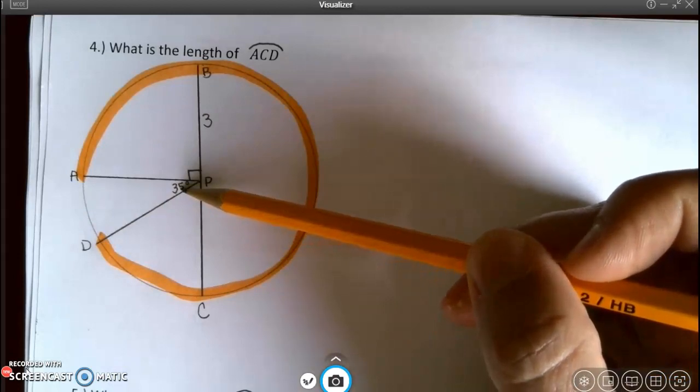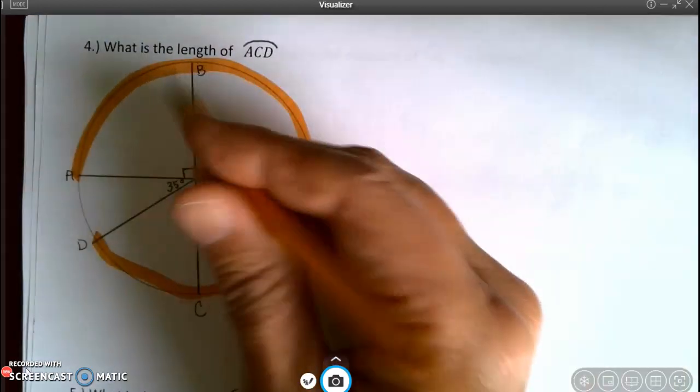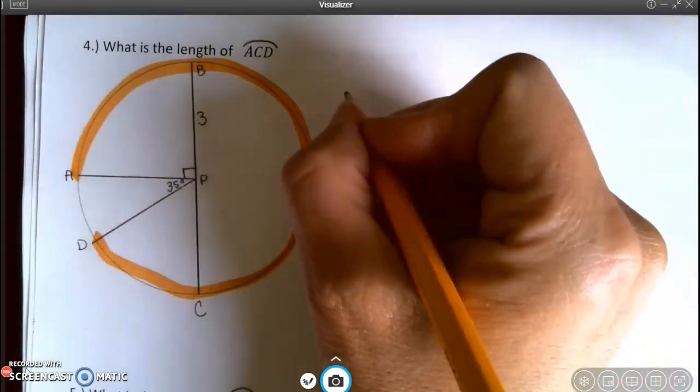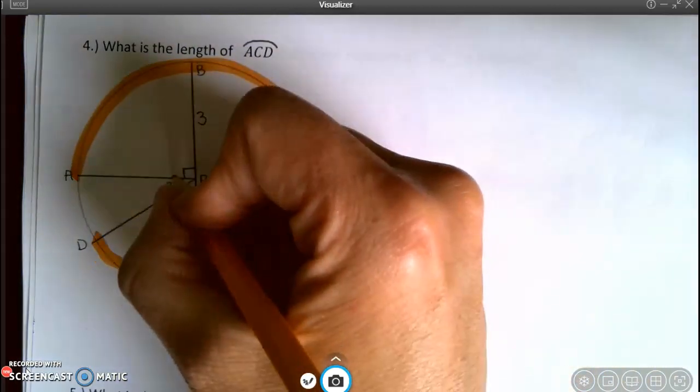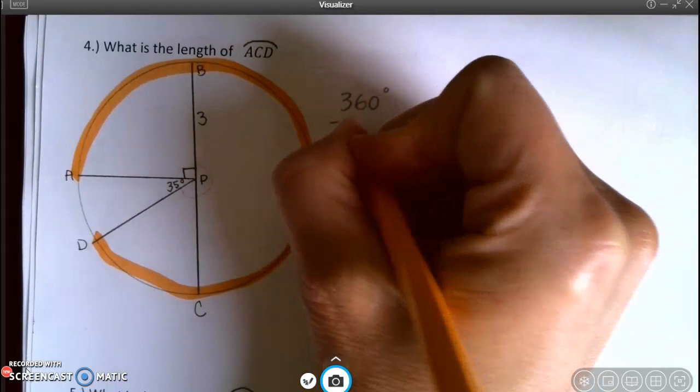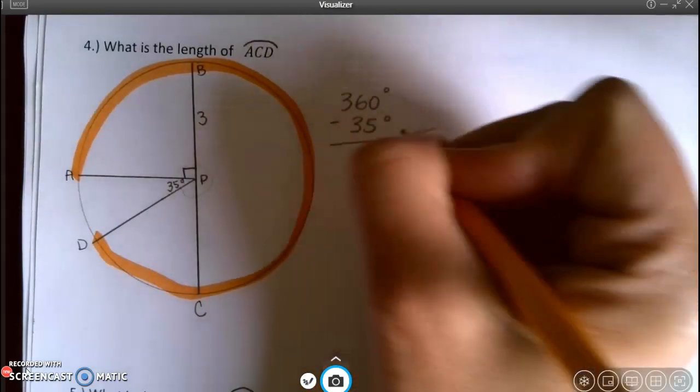That's the only part I'm not doing. So everything else is part of this arc. So this entire angle here is just 360 degrees minus 35 degrees.